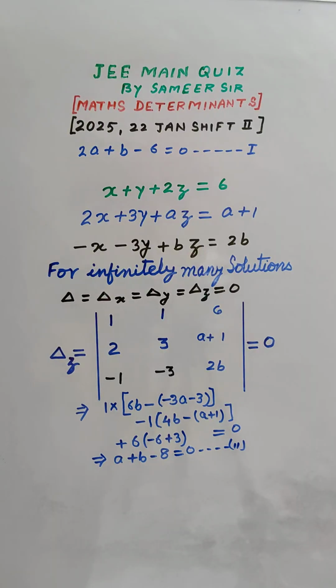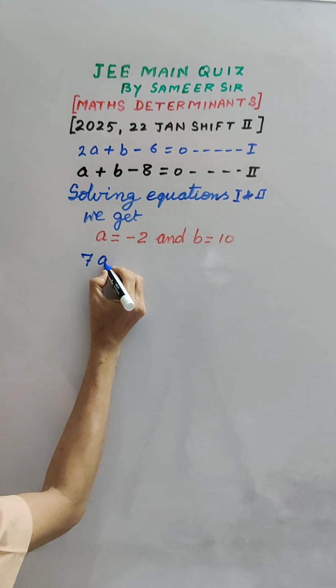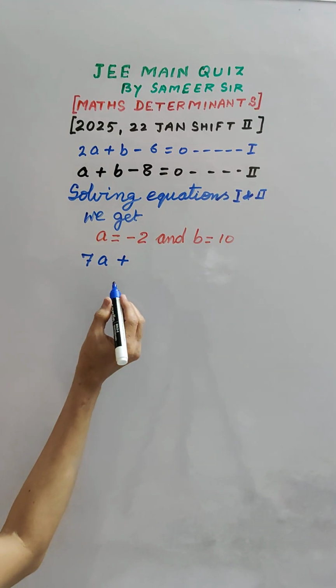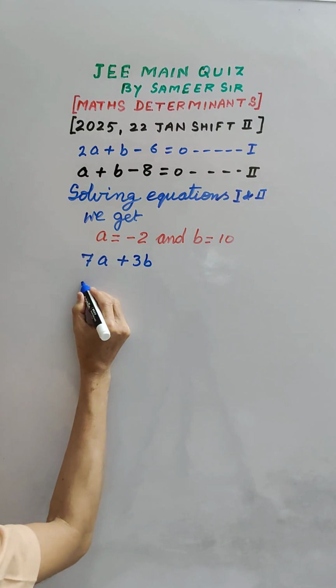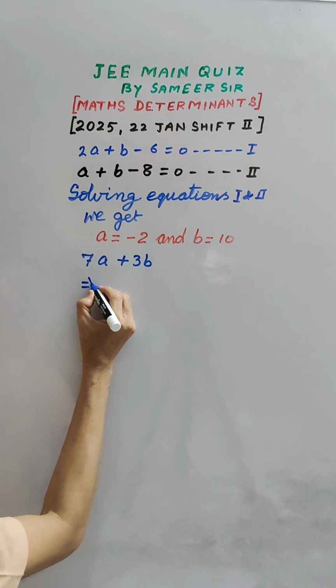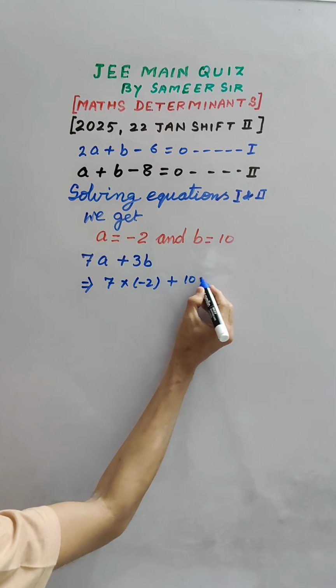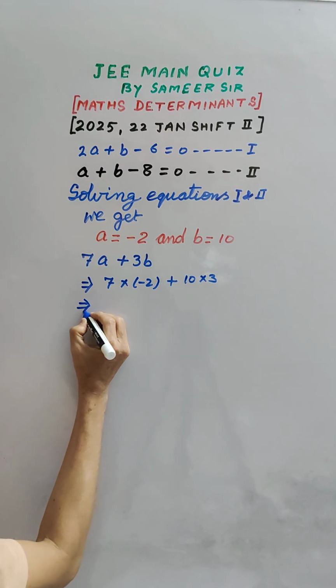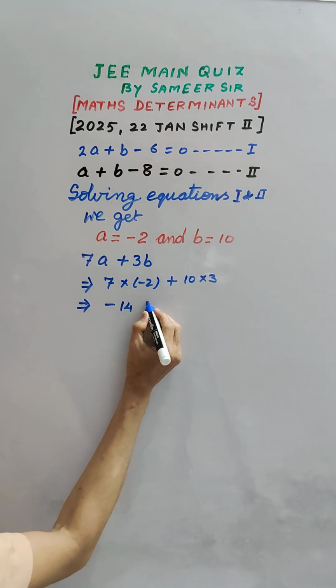Solving equation number 1 and 2, we get a is equal to minus 2 and b is equal to 10, and hence 7a plus 3b is equal to, substituting the values of a and b, 7 into minus 2 plus 10 into 3. 7 2s are 14, minus 14 plus 30.